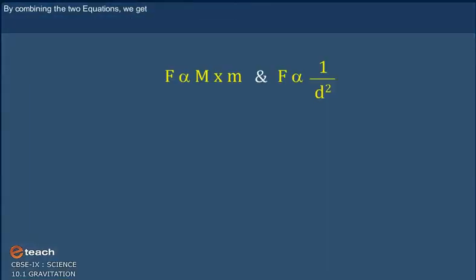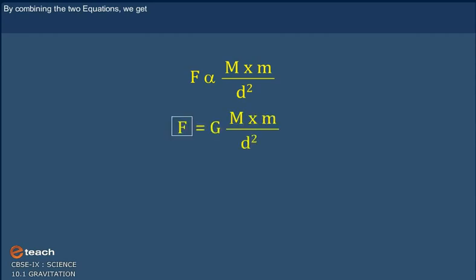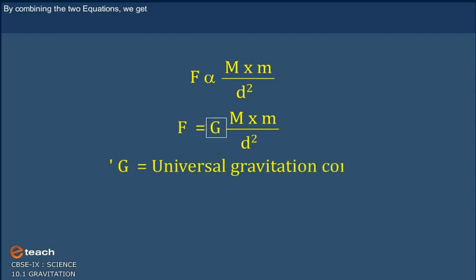By combining equations, we get F is proportional to M into m upon d square, or F is equal to G multiplied by M into m upon d square, where G is the constant of proportionality and is called the universal gravitation constant.